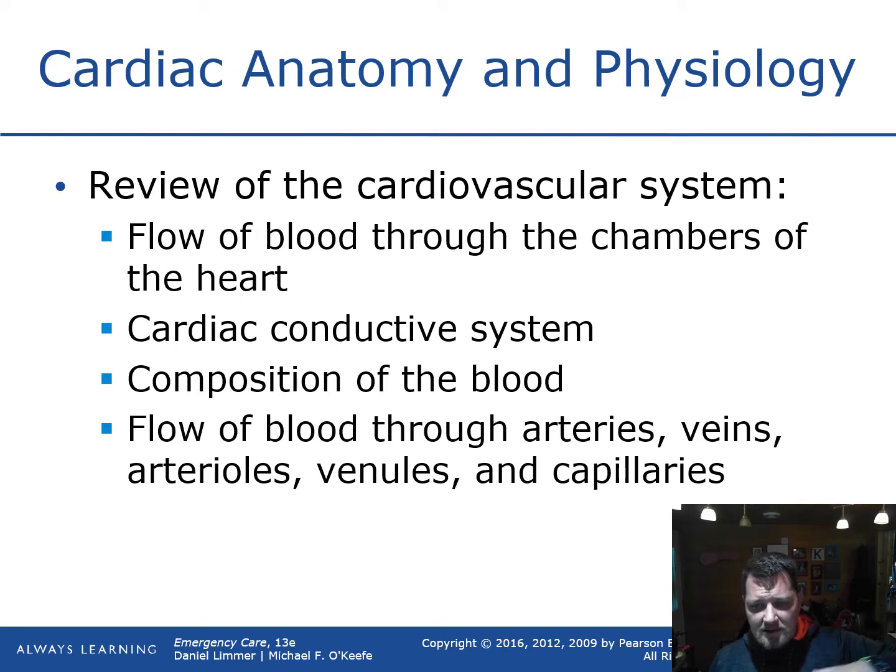But what happens is you've got all of your arteries, and they progressively get smaller. So you go through the aorta to the descending aorta to the abdominal aorta, and from the abdominal aorta, it filters out to the rest of the body. And they get smaller and smaller. So from the aorta to the arteries, to the arterioles, to the capillaries, and the capillaries is where it gets exchanged with all of the body, where it needs to go, because the blood is the transport system of the body.